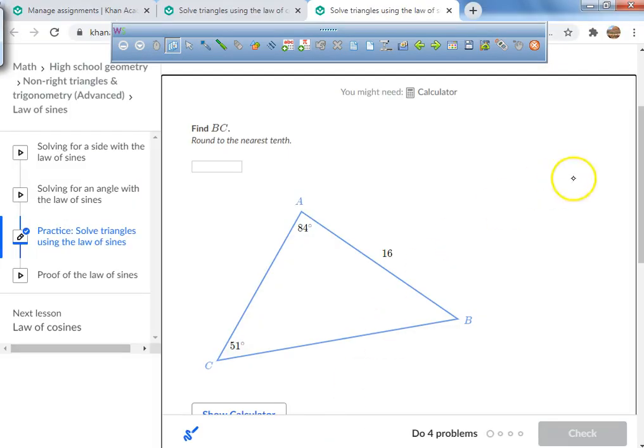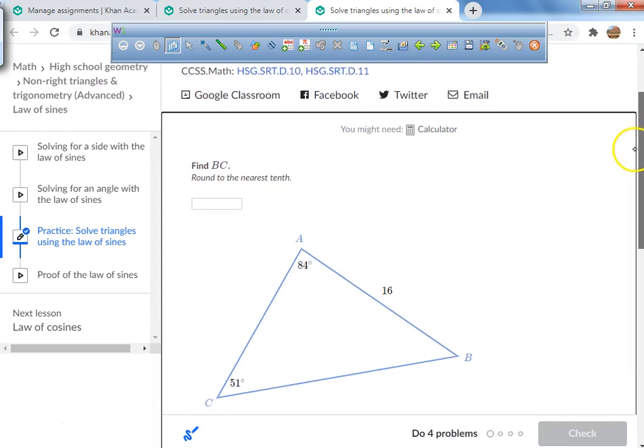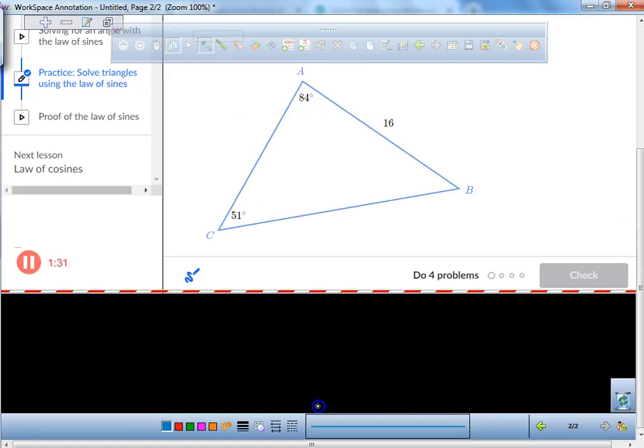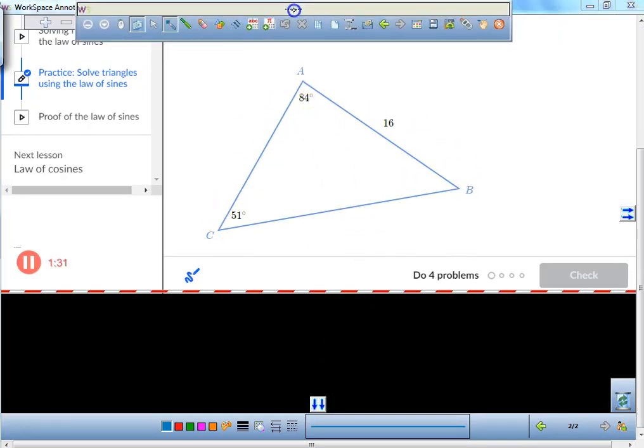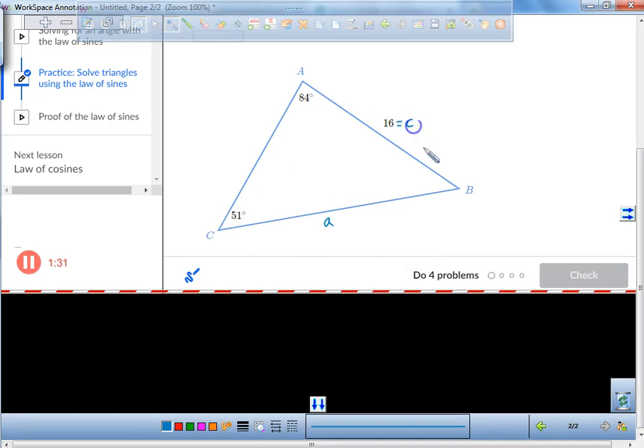So if we go over here to our particular problem, we're going to solve this using the law of sines. When you draw this picture, you'll notice it has A, B, and C, all capital letters. What I'd like you to do is, across from capital A, put a little lowercase a. Across from capital C, put a lowercase c.